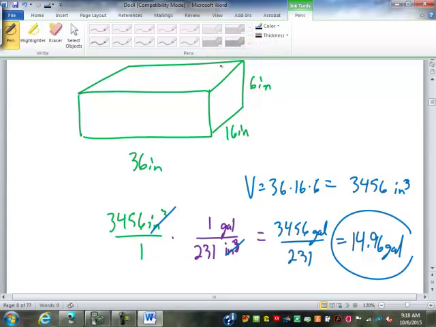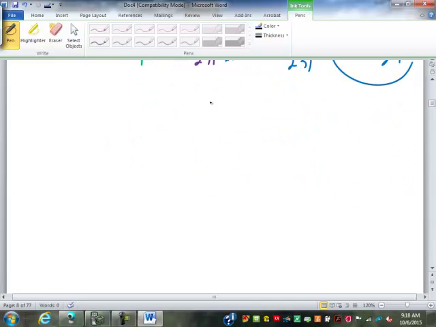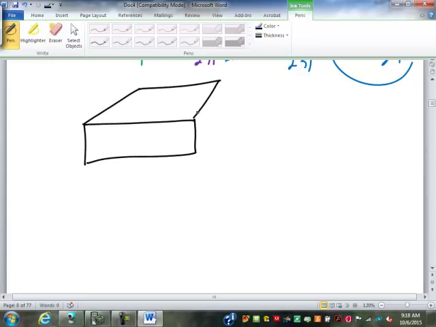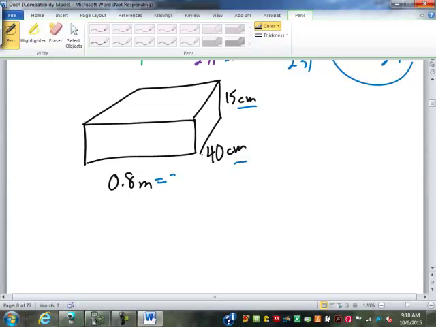Whereas in the metric system, let's say that this is 0.8 meters. This is 40 centimeters, and this here we'll call 15 centimeters. First thing I have to do is make sure all of my dimensions are in the same unit. So this is going to become 80 centimeters.